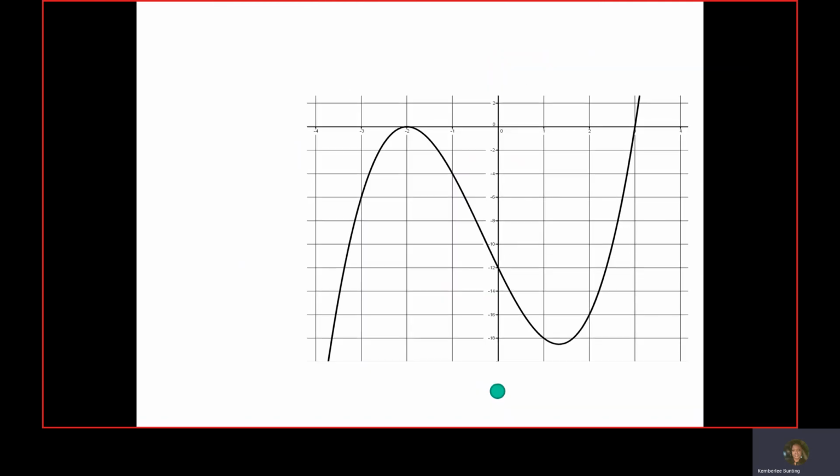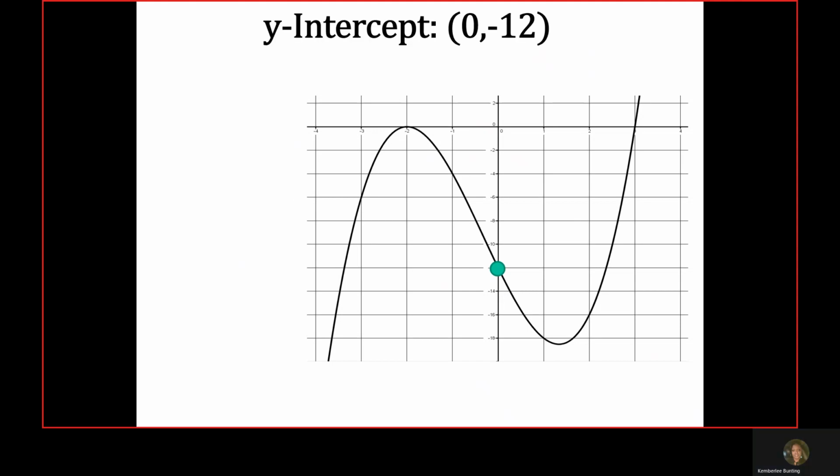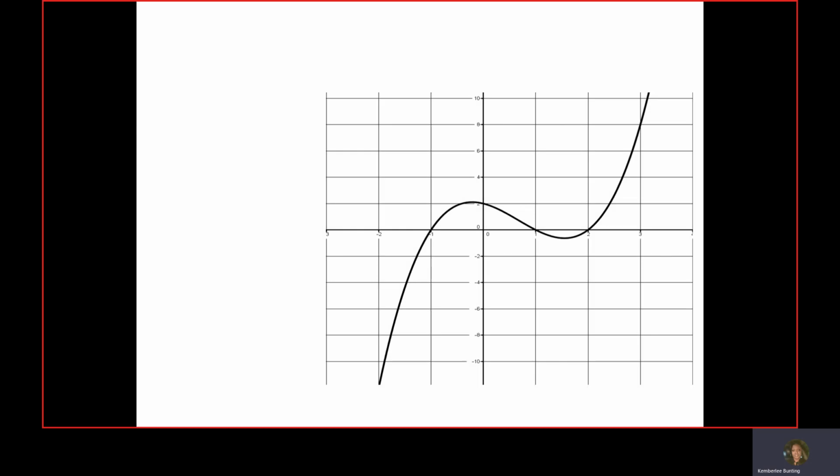So how would I name that point? The y-intercept would be located at the point 0, -12. Does that make sense, Alexis? Sit up, baby. Thank you. The coordinate would be 0, -12. Any questions? All right, next one.